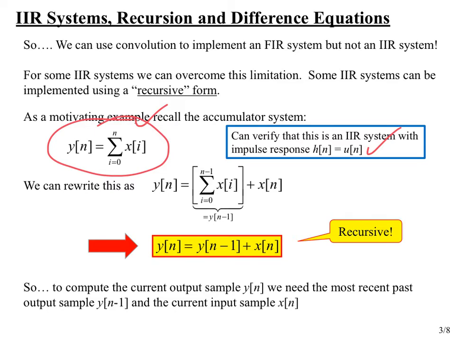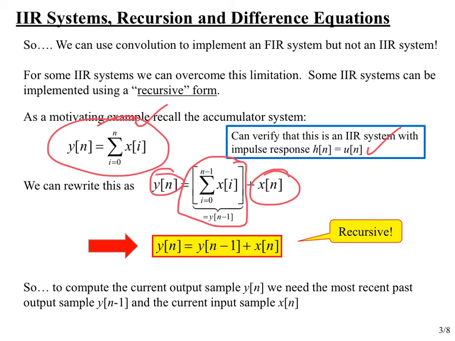If we've accumulated up to, say, time n-1, that would give us this term right here. So that's our output at n-1. Now, if we want to create the next output, instead of going back and accumulating all those numbers again, well, we've already accumulated up to n-1. We just need to add in one more term, which would be the x of n term. And when we add that in, we get y of n.